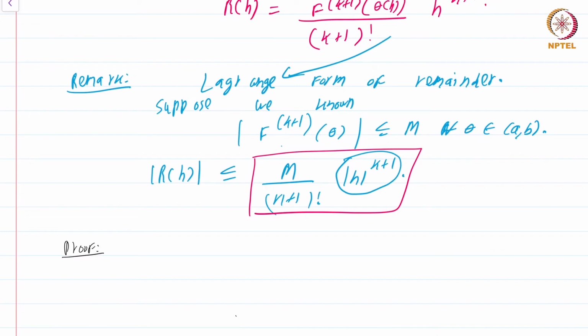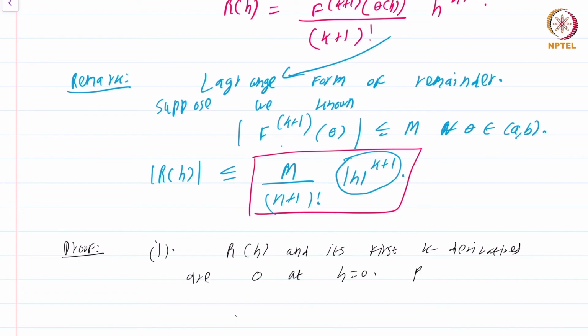Let's first start with the first part. We already know that r of h and its first k derivatives are 0 at h equal to 0.